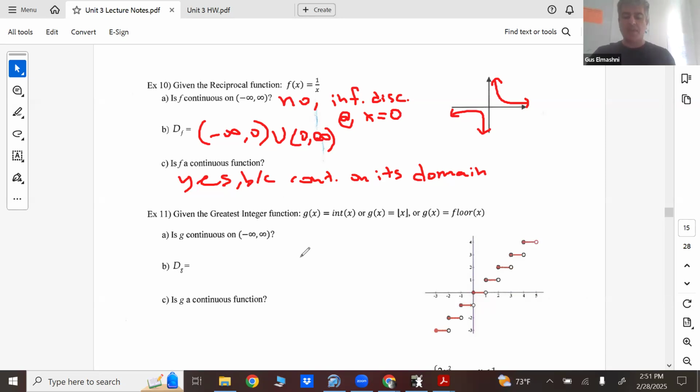So this is called the greatest integer function. Not sure if you guys have seen that before. Are you guys familiar with this function? You did? Okay, cool. All right.